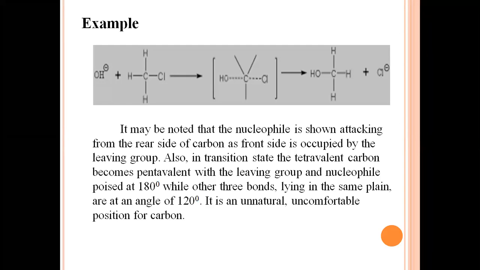Rear side means you can say the back side of the carbon, as the front side is occupied by the leaving group. Also, in a transition state, that square bracket structure is also known as the transition state, the tetravalent carbon becomes pentavalent.